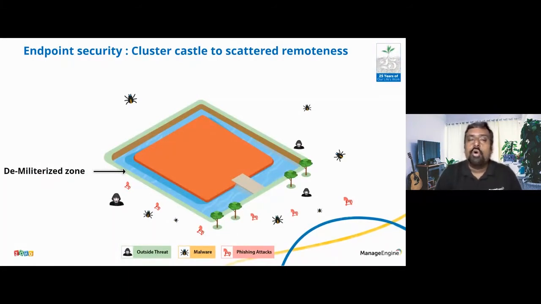If you have a moat, that's more like a demilitarized zone, where the malware cannot move into the inside ground, except for the specific paths that they have. They have crocodiles and all these animals inside the moat. Similarly, for us in the IT world, the inside structure won't be reachable, right? That's the DMZ zones that we have.